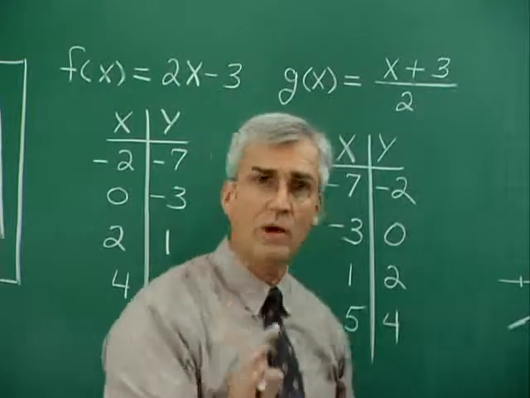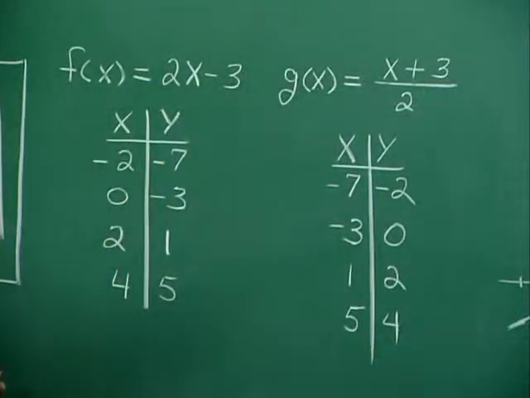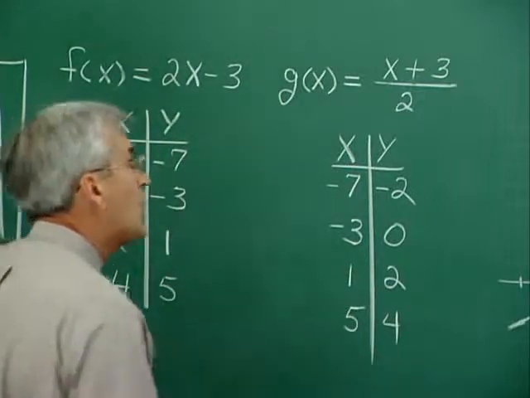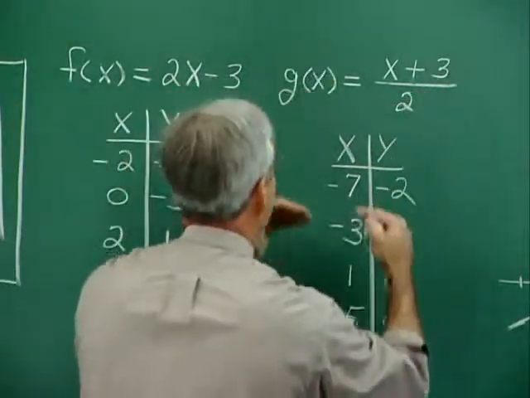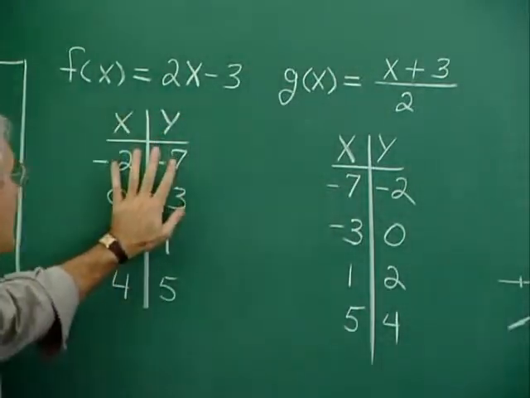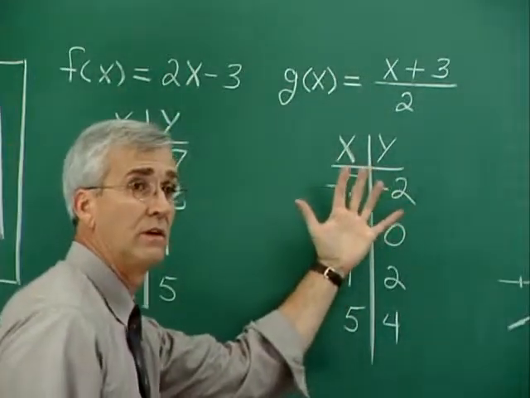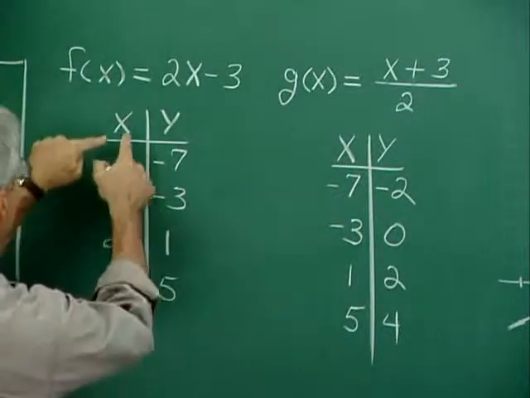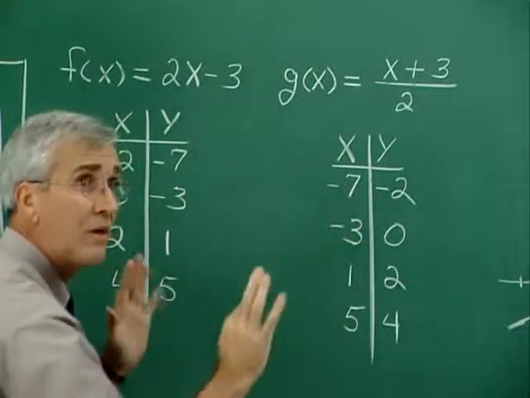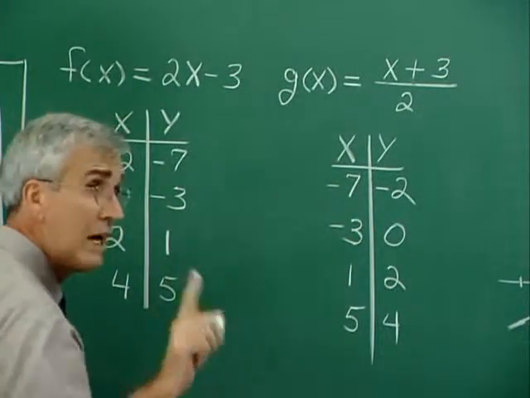So in generating a graph of an inverse function, we really don't need to make that table of values. Or I should say it this way. We really don't need to evaluate the function to make the table of values. All we need to do is take this rascal right here and just flip it around like this. You see, put this x column in the y column over here, and put this y column in the x column over here, and away we go, plotting points and so forth. Here's what the graphs look like.